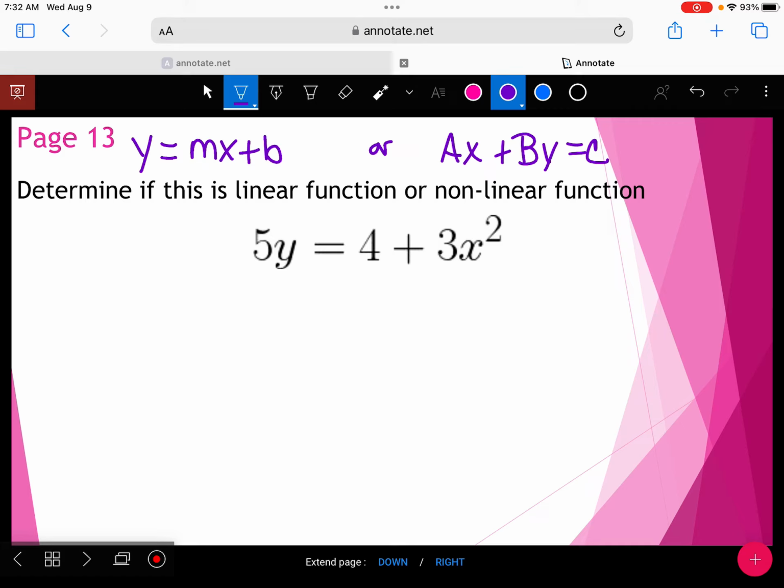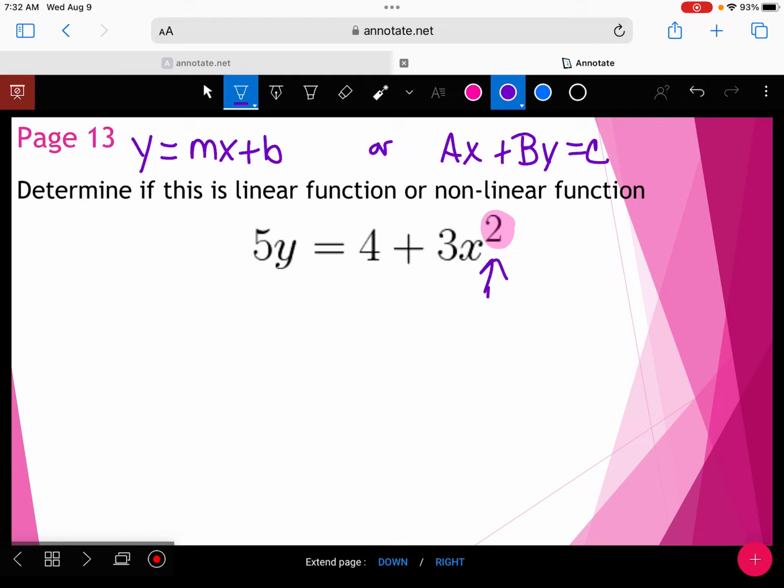I've got an exponent on a variable. This guy. There's a 2 on the top. I can't undo that. We can't move that. I can't get rid of that.